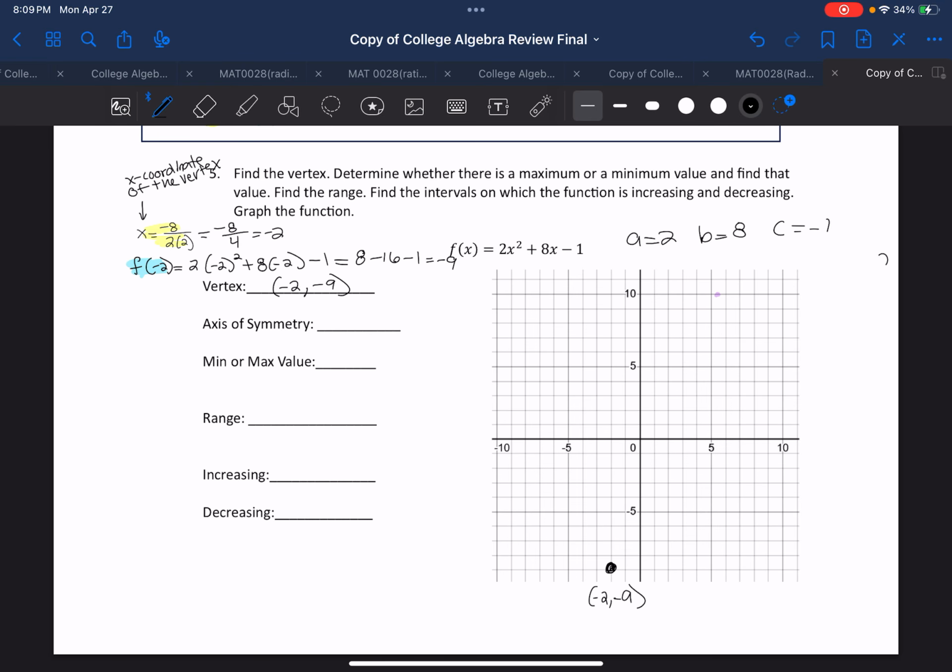And because a is positive, because 2 is positive here, that tells me that my parabola is opening up. So it looks something like this.